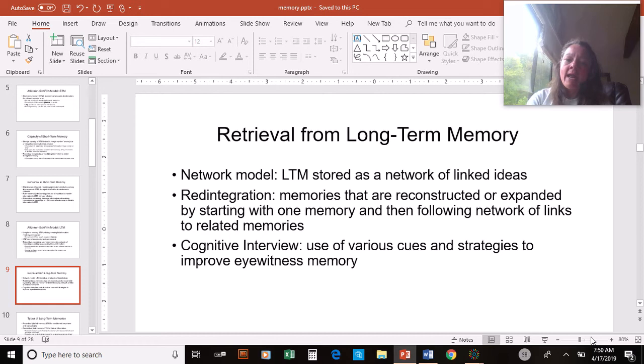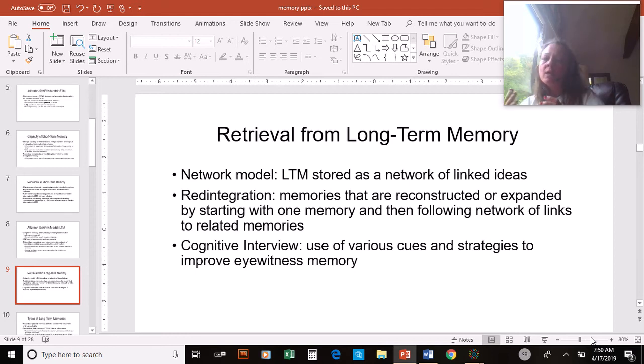Alright, so a way that we get that information back out of our long-term memory is, once again, through association. We have to have some kind of sensory information come in that sparks that memory.